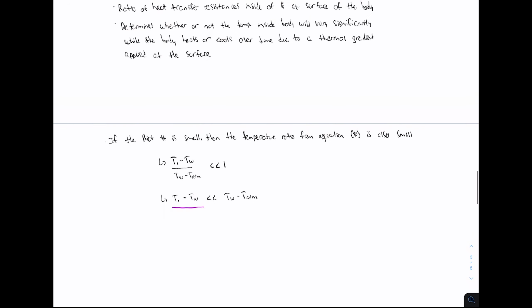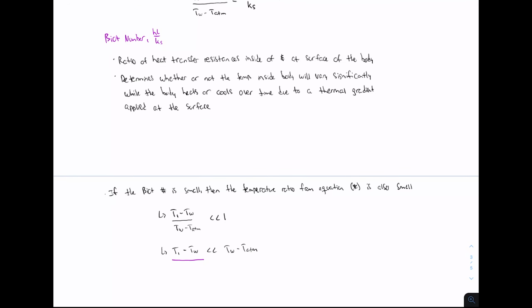And then we have T_W, again that's going to be the temperature at the boundary that's in contact with our fluid, so basically the wall of our tube. So what we're saying here in this equation is if that temperature distribution or difference is much less than T_W minus T atmospheric, or that temperature difference outside of our object, then we can use this lumped assumption.